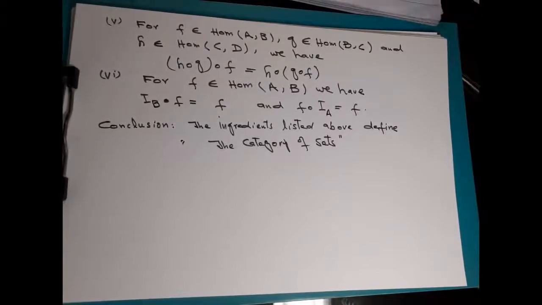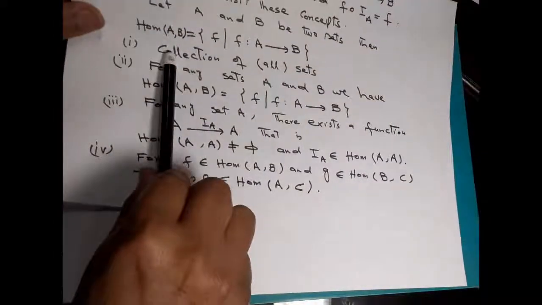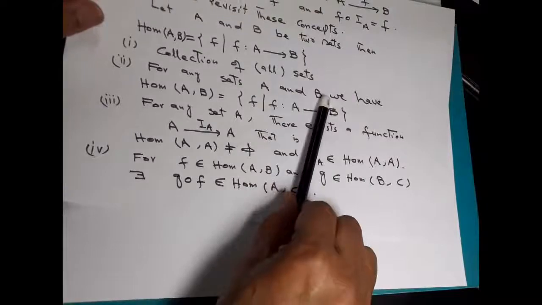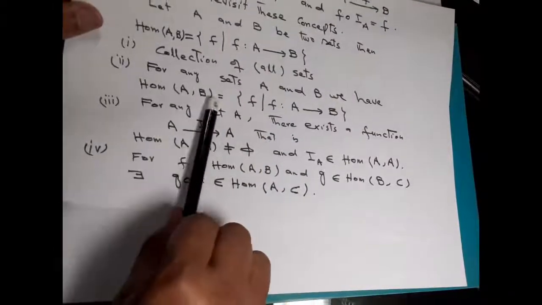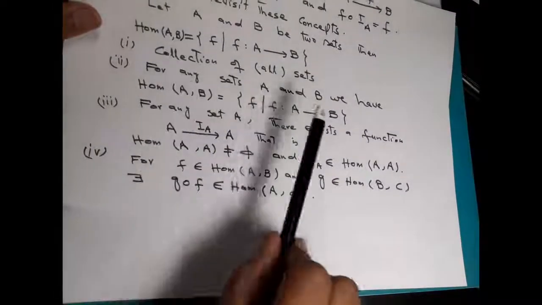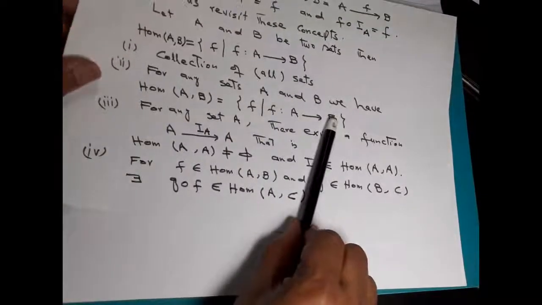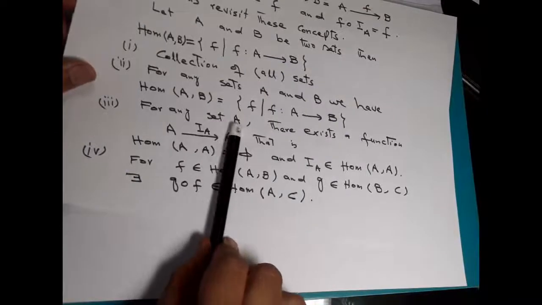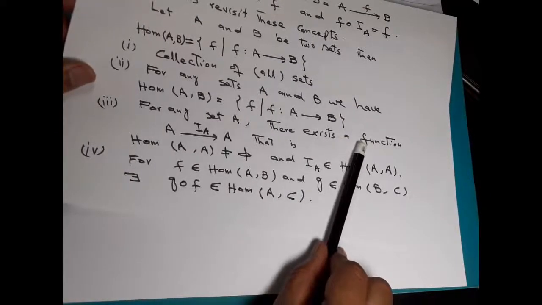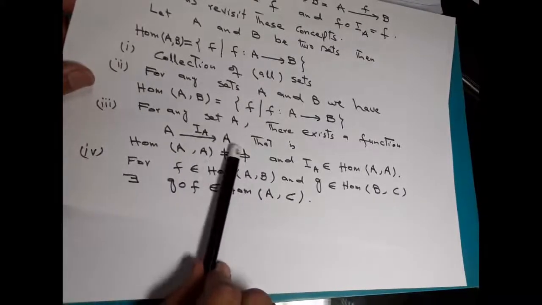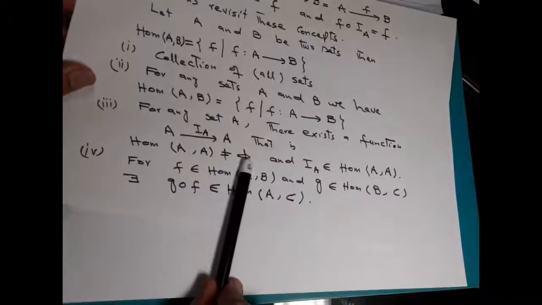So note that first of all we have a collection of sets. Secondly, for any two sets we have Hom(A, B), the set of all the functions with A as domain and B as codomain. And then for any set A, there is a function called identity function with domain A and codomain A. That is, Hom(A, A) is never empty.